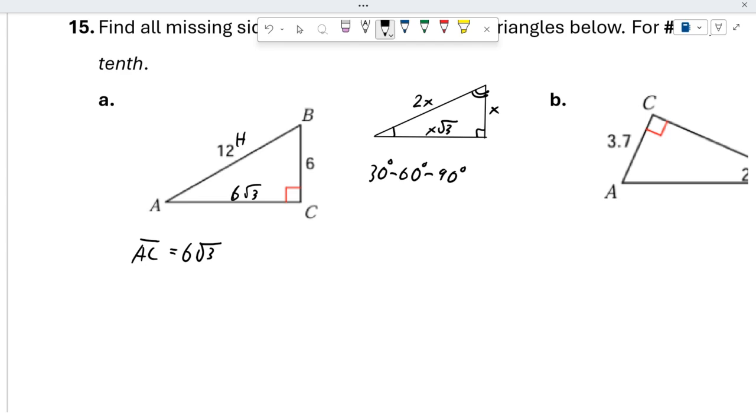Also, the smallest angle is going to be across from the smallest side, which is x. So the 30 has to go there, and the 60 has to go there. I'll add that to this picture, 30 and 60. So angle A is 30, and angle B is 60.